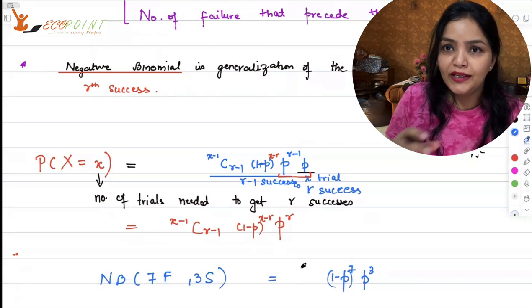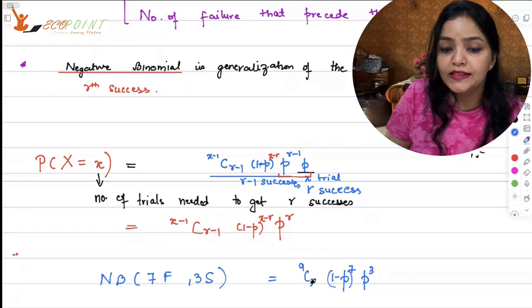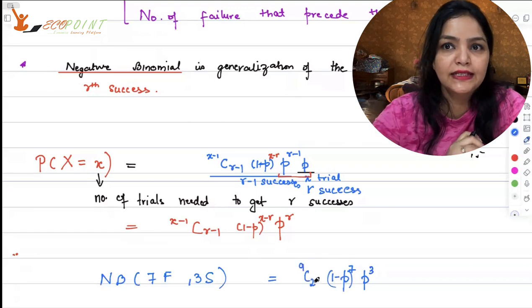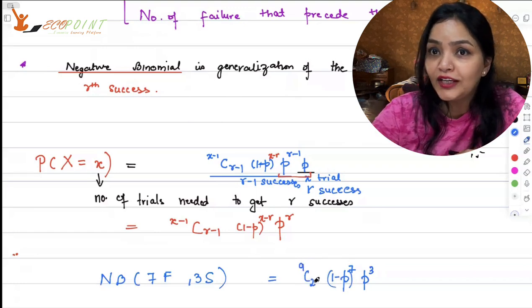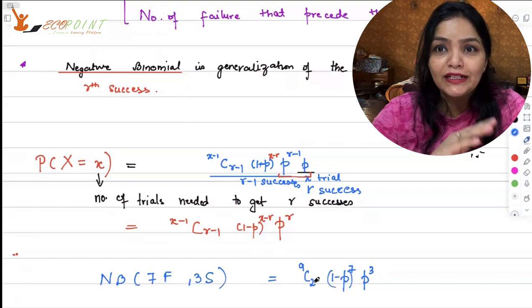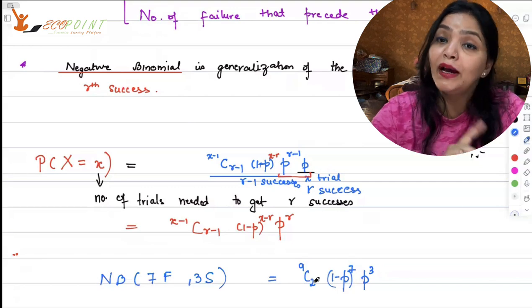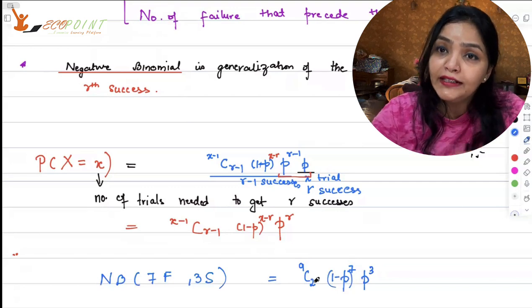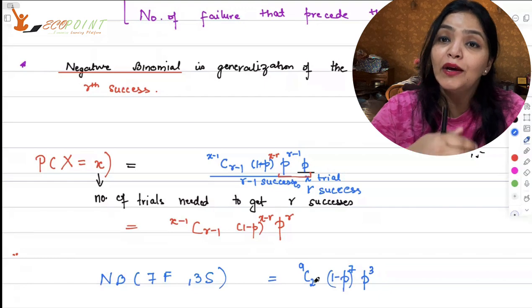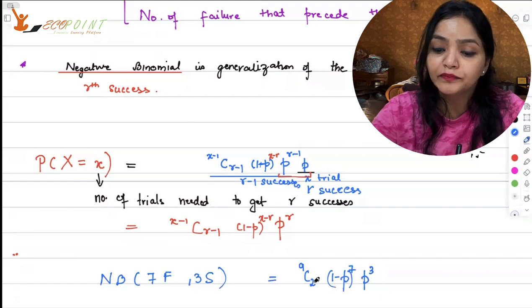But how many cases will you have? You will have 9C2 cases, not 10C3. It's not binomial, it's negative binomial. In binomial, your random variable is the number of successes.